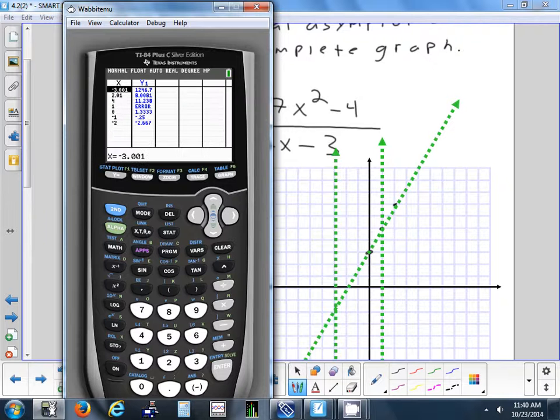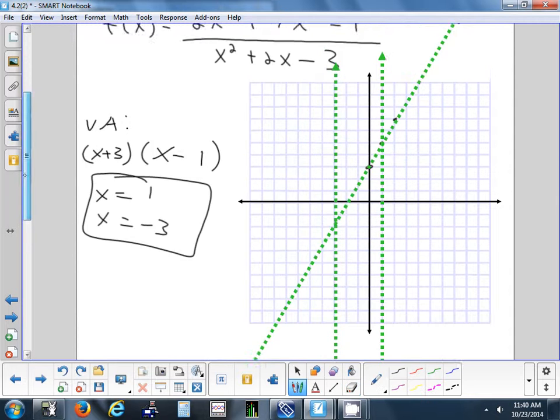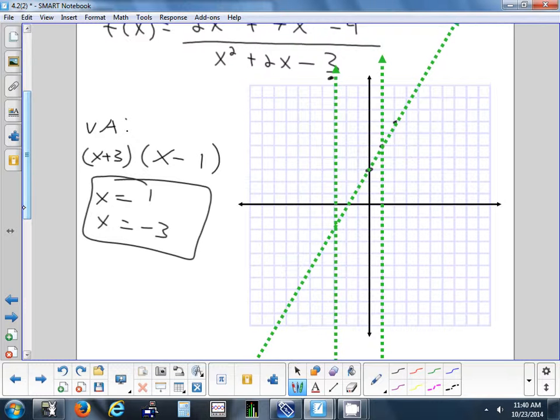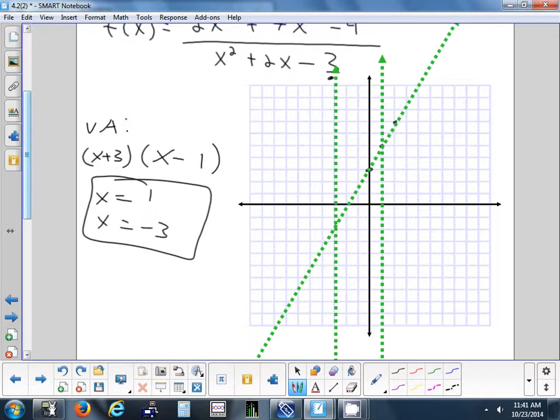All right, so we're way up. We're actually at positive infinity, which is what I was thinking. All right, let's try another value. Let's try negative 4. Give us a little bit better idea. Okay, at negative 4, we're at negative 4.